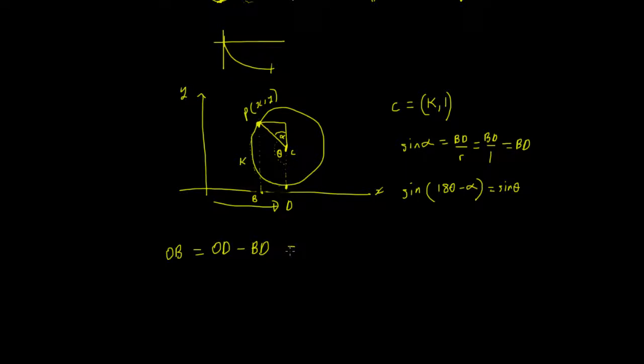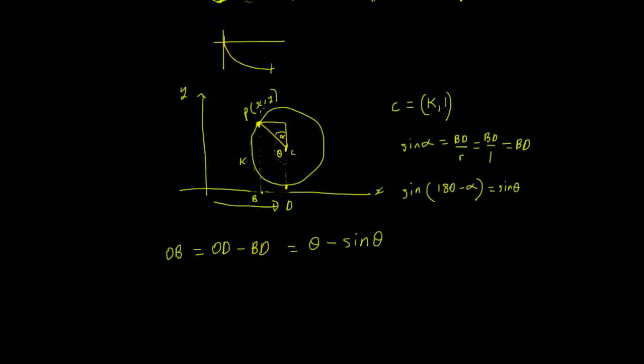OD there is the arc length K. The arc length K is simply given by theta, and BD is given by a value which we just worked out, sine theta.